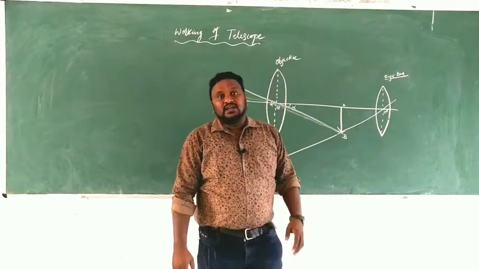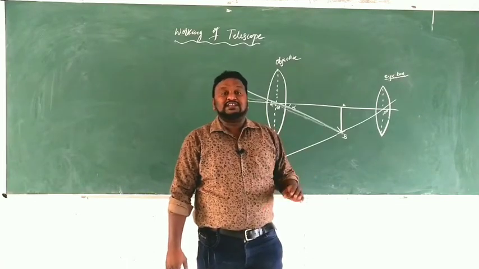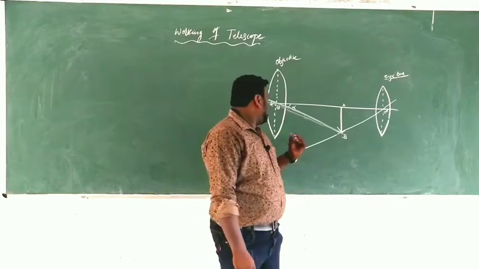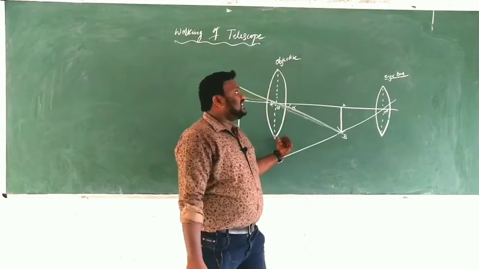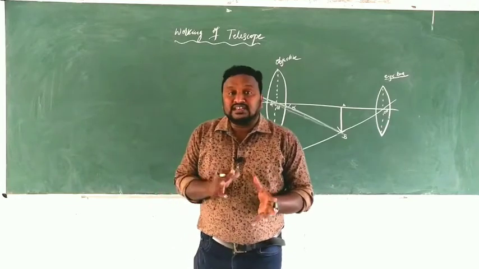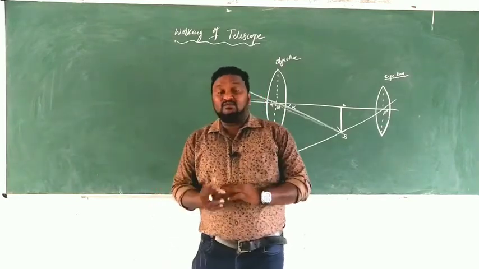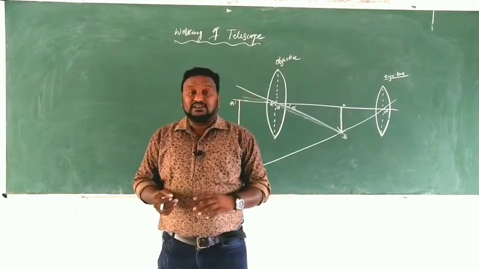The distance between the object lens and the eye lens is taken as the length of the telescope. We will see the length of the telescope clearly later.